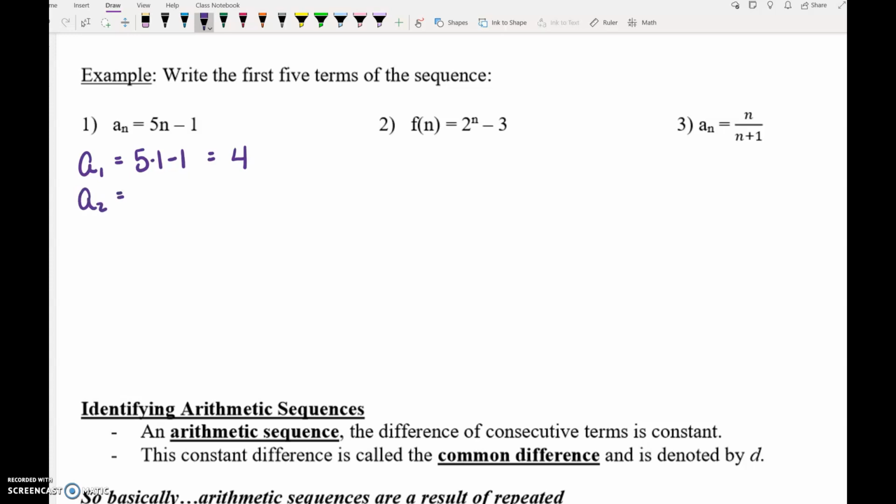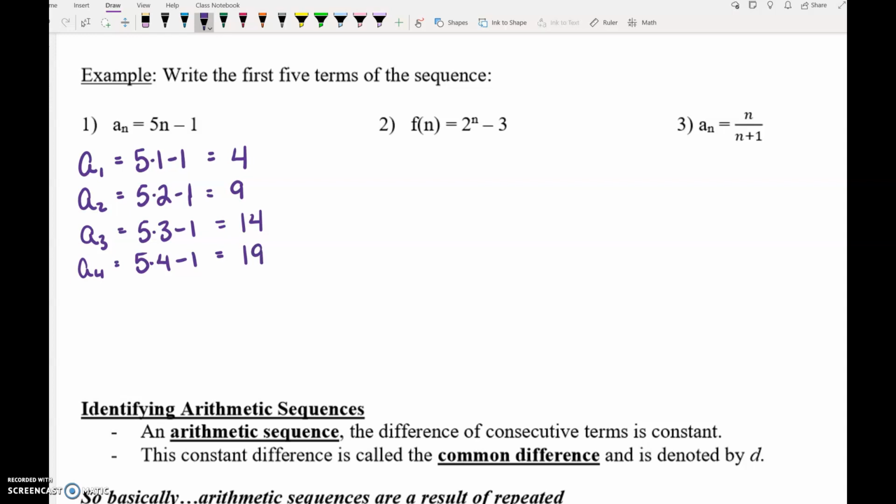A sub 2, you're going to use 2 in there. 5 times 2 is 10. 10 minus 1 is 9. A sub 3, you're going to use 3. 15 minus 1 is 14. 20 minus 1 is 19.